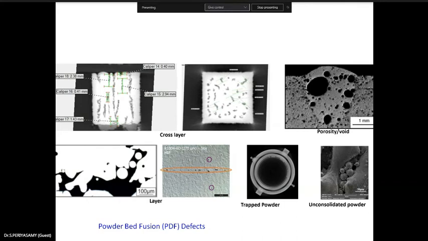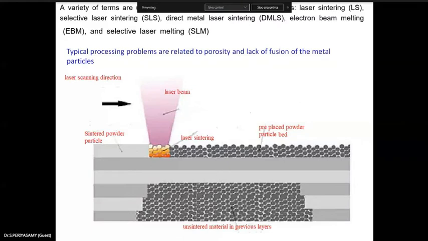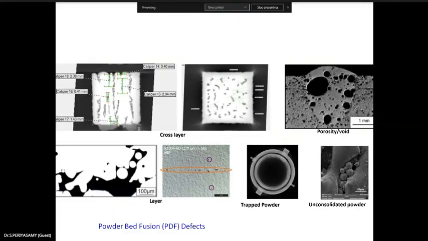Depending upon the particular equipment, this may vary. The arrangement of these items may vary, but the concept is going to be the same. So here you have the same images.